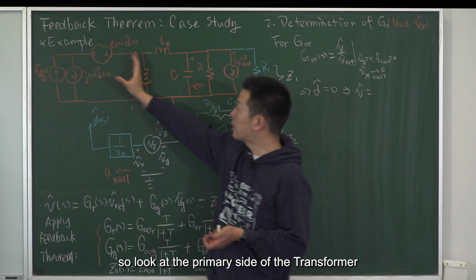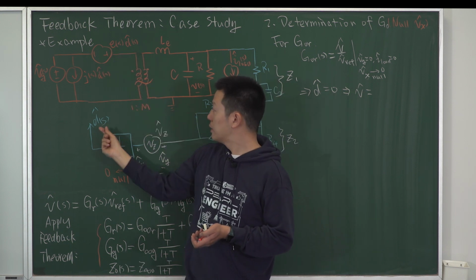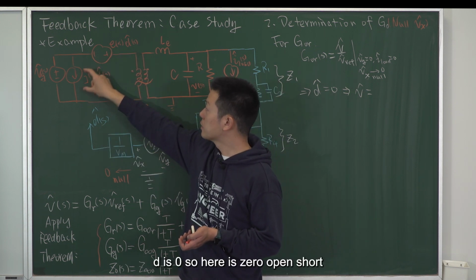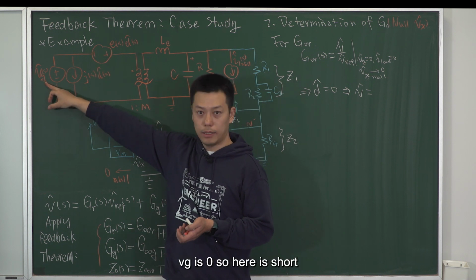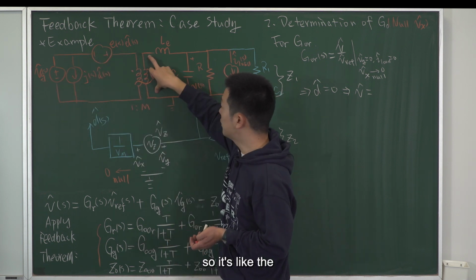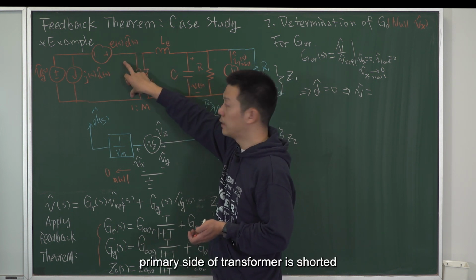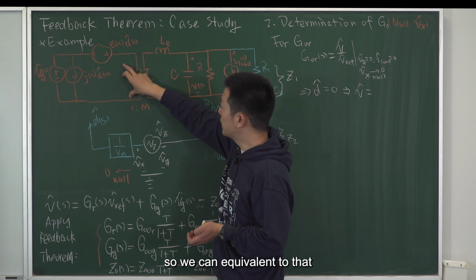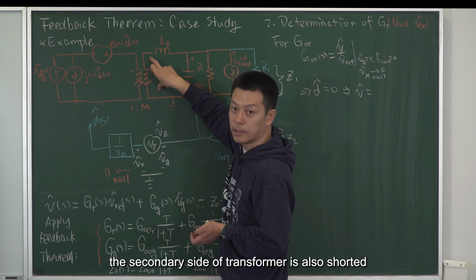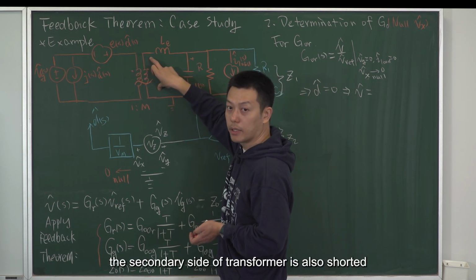So look at the primary side of the transformer. D is 0, so here is open, short. Vg is 0, so here is short. So it's like the primary side of the transformer is shorted. So we can say the secondary side of the transformer is also shorted.